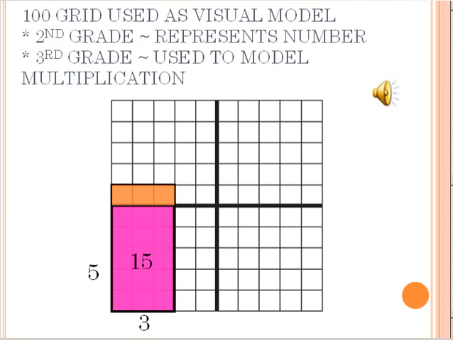That could be a fact that they already know. In using this 100 grid, they can then see that the 1 times 3 is still left over, and therefore there's an area of 18. If you add the 15, add 3. This array has helped us to see that 6 times 3 equals 18.